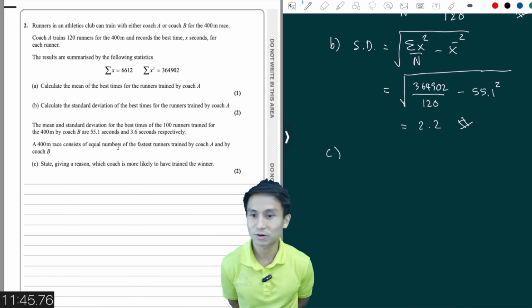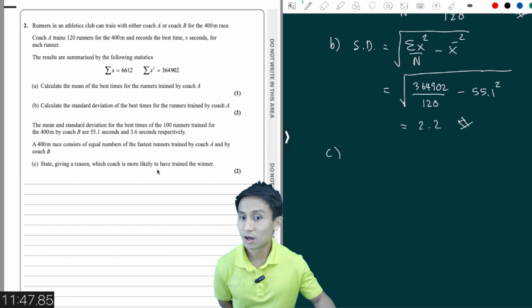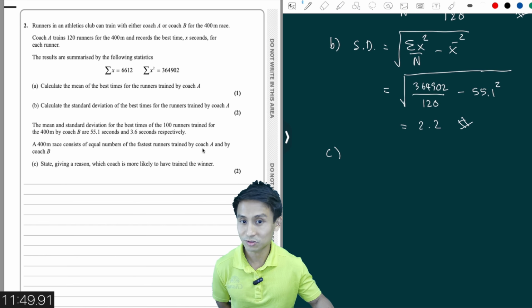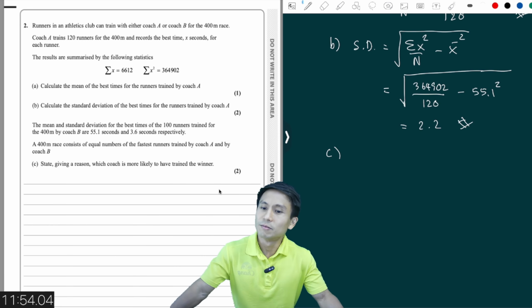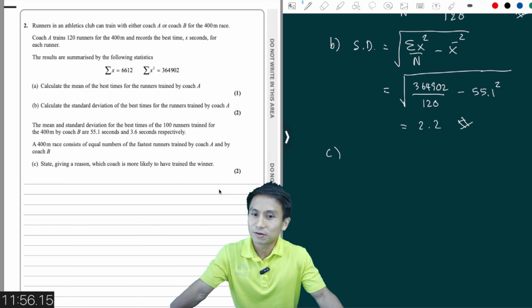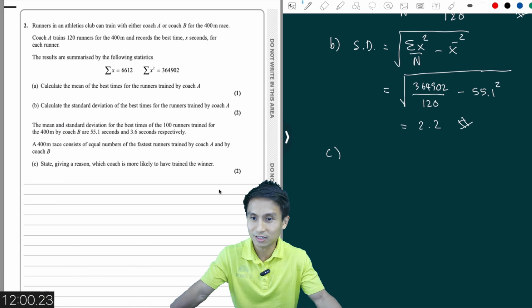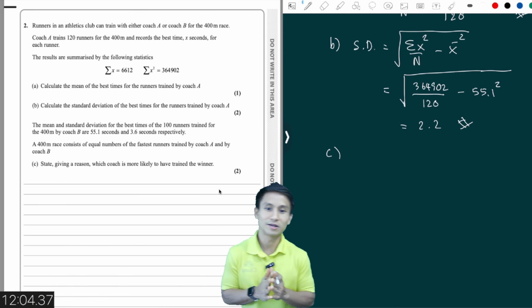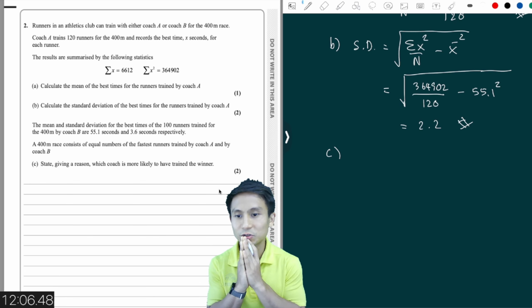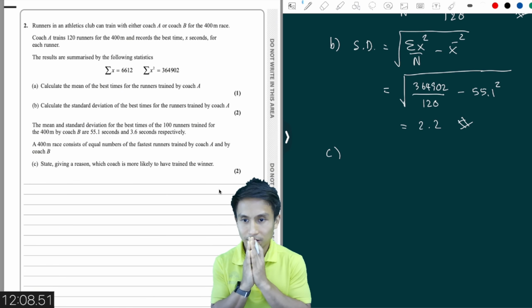A 400-meter race consists of equal numbers of fastest runners trained by Coach A and by Coach B. Equal numbers of fastest runners. State, giving a reason, which coach is more likely to have trained the winner. Interesting. Okay.